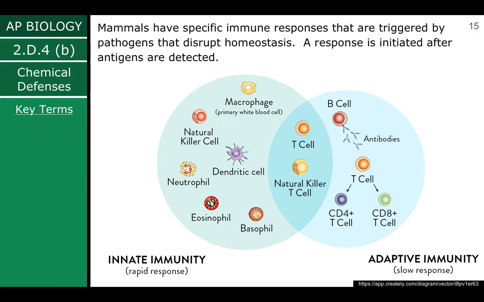Mammals have specific immune responses that are triggered by pathogens that disrupt homeostasis. A response is initiated after antigens are detected. So we have our innate immunity, which is a rapid response, and adaptive immunity, which is our slow response. And these are all the types of cells that are going to be in each type of response.